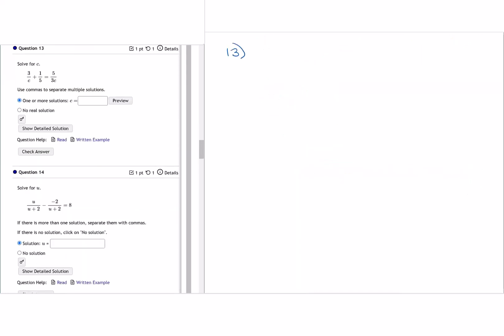13. 3 over c plus 1 over 5 is equal to 5 over 3c. Now I have 3 terms, and I want to find the least common denominator.